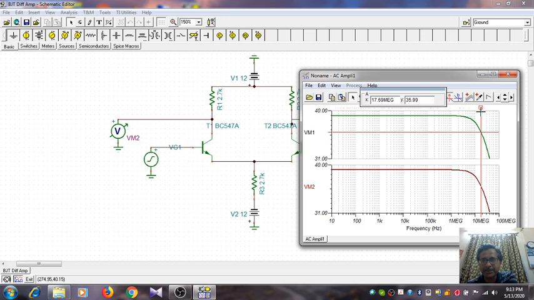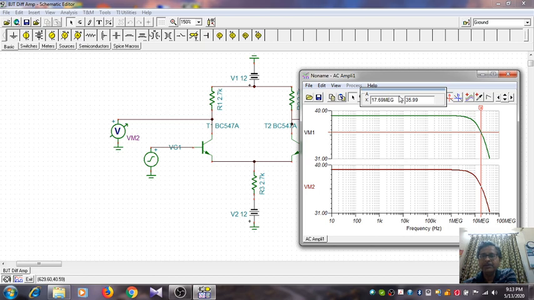This satisfies the case. So roughly 36 dB, the 3 dB cutoff, is obtained at 17.7 megahertz. So the upper 3 dB frequency for this particular differential amplifier that we have designed just now is 17.7 megahertz. That is the upper 3 dB cutoff frequency.